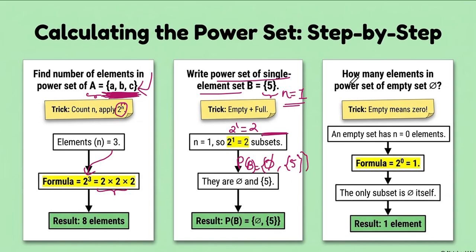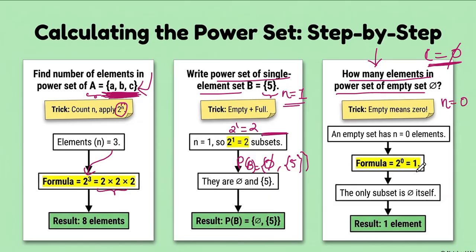Now look at the third, and this is an important question. How many elements are in the power set of the empty set? If the set is given like this, C is equal to the empty set, inside the set it is already nothing. So what is inside the power set? In the set there is no element, so what is the value of n? 0.